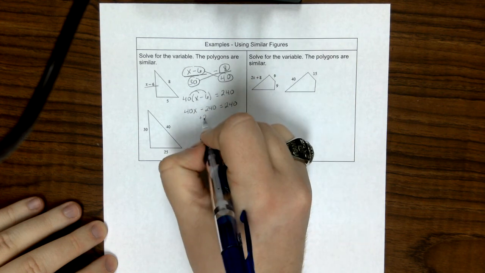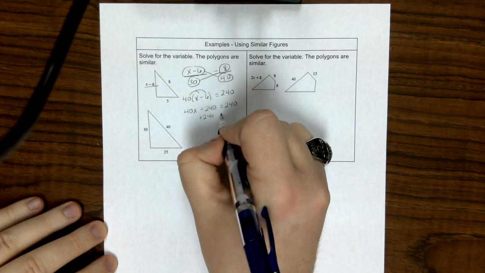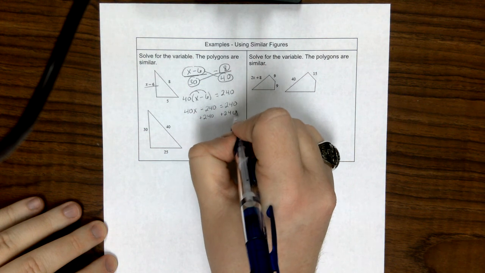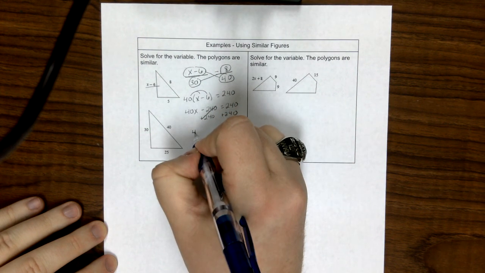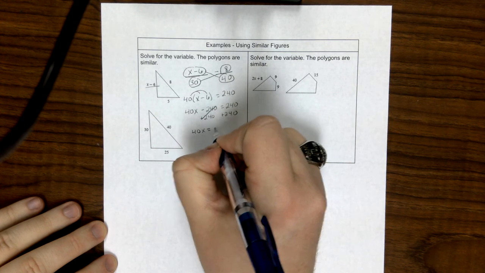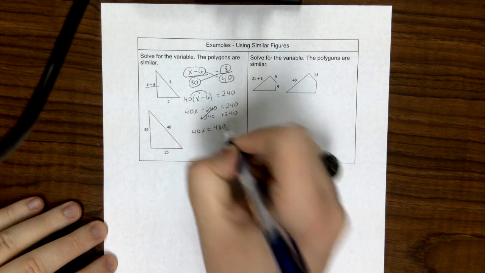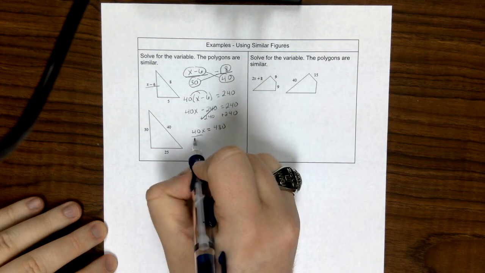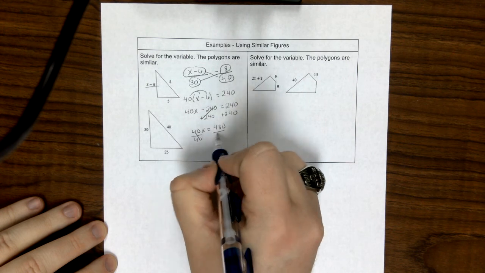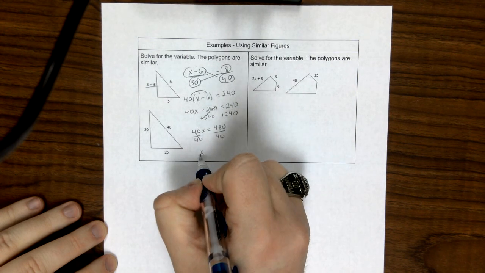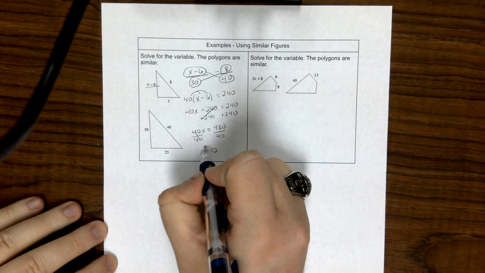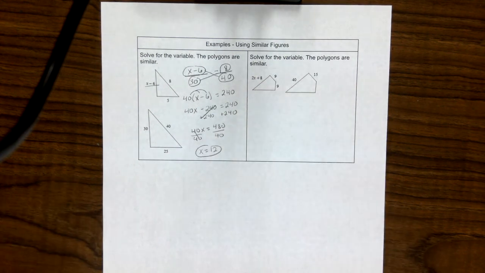Now we have to solve it, so we're going to add 240. That's 480. Now we'll divide by 40. We get x to be 12. That's all you have to do.